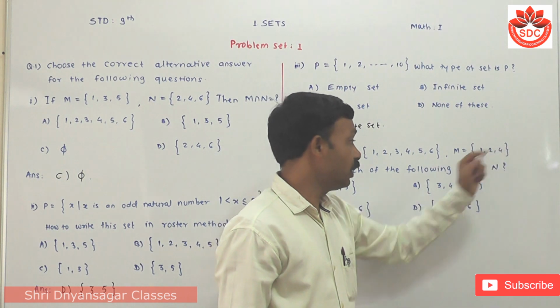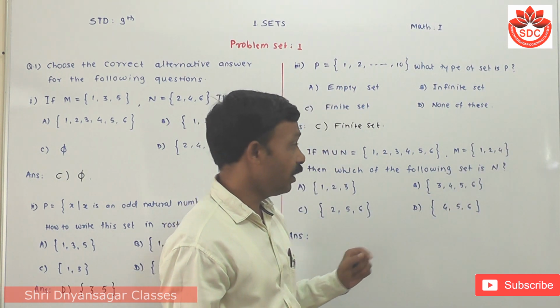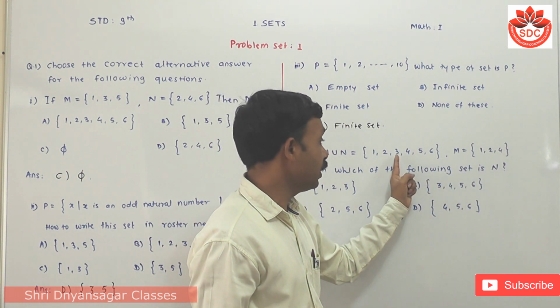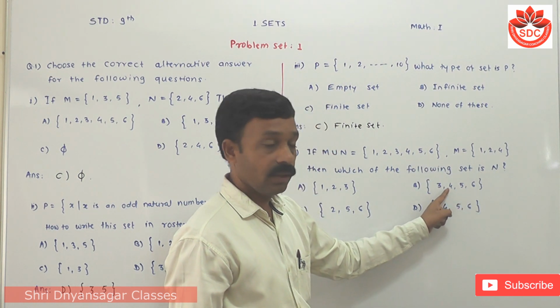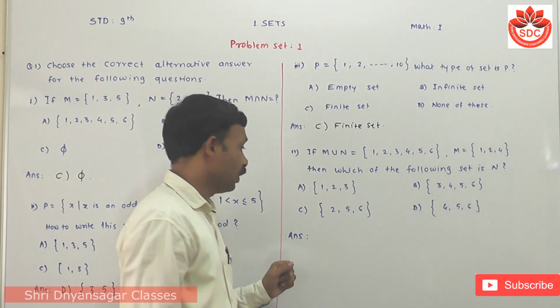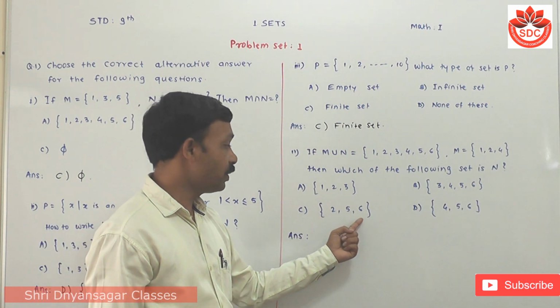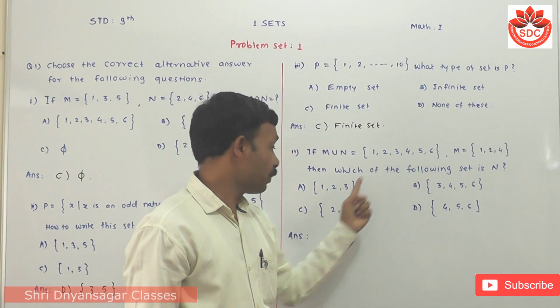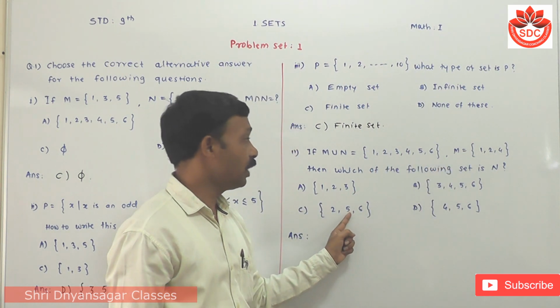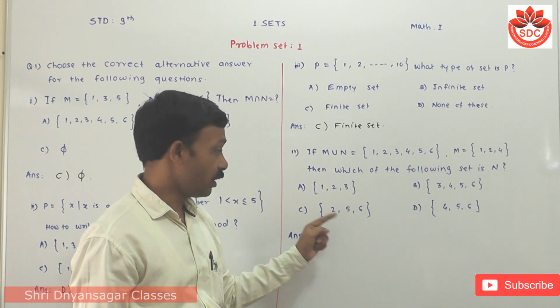Now look here, 1, 2, 4 is present here. Meaning what remains is 3, 5 and 6. Here is 3, 5 and 6 and 4 is common. We have to consider it also. Then when you look at this 2, 5, 6, here is 1, 2, 4. Meaning 3 is not present in both these sets, so this is not the answer.